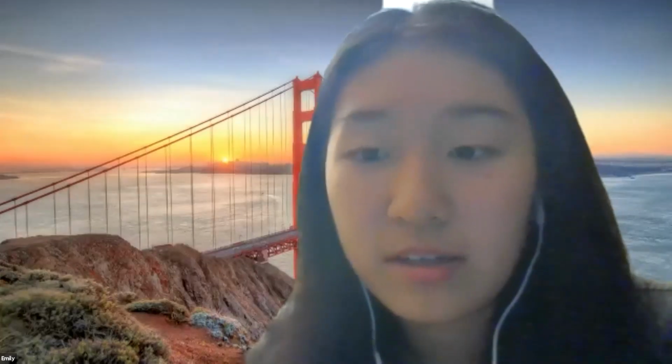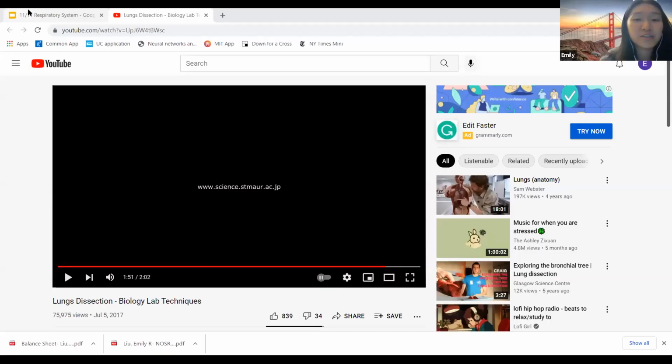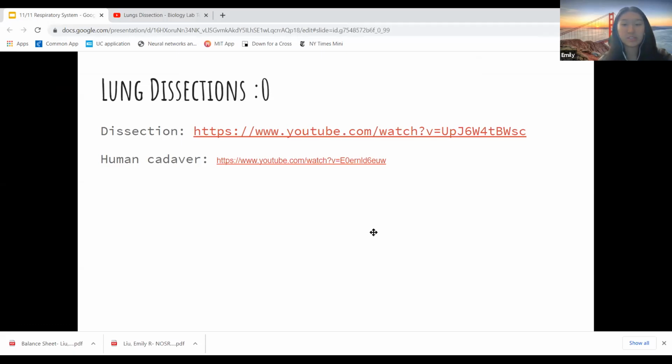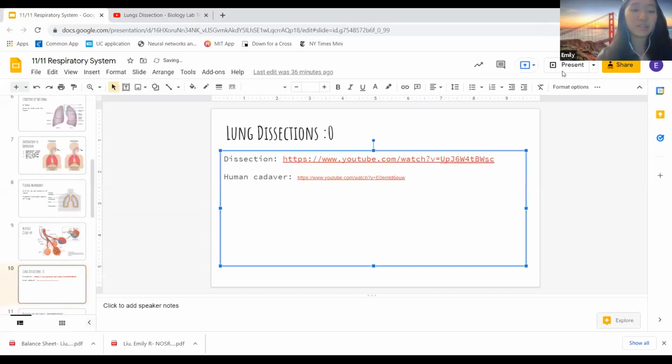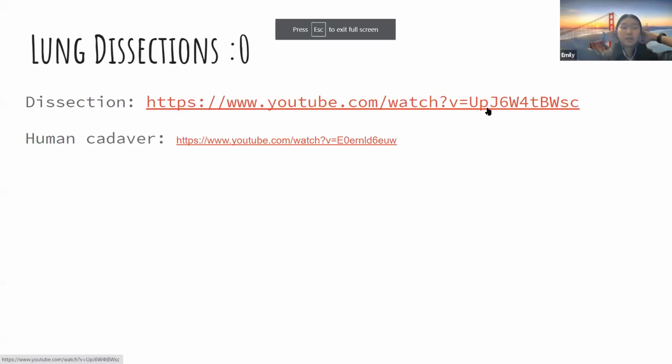Let me see. Share sound. Okay. Well, next time I play a video, you will be able to hear the sound, because I just pressed the share sound option on my screen share.